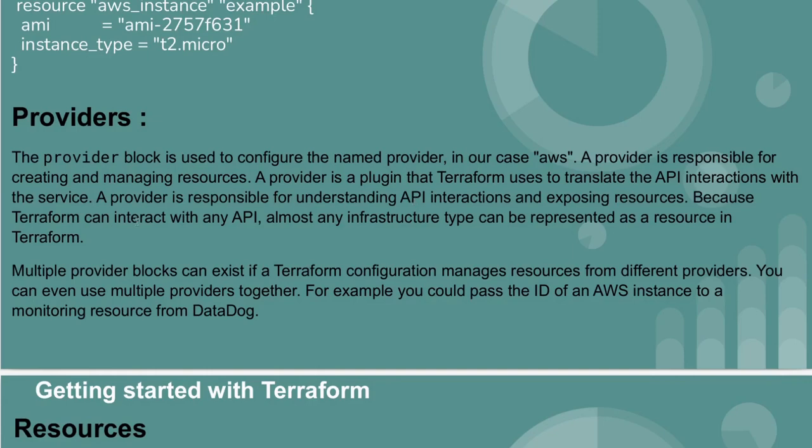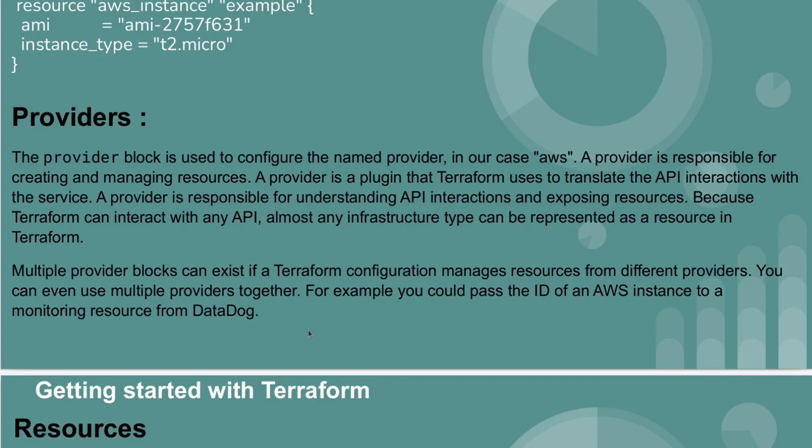Because Terraform can interact with any API, almost any infrastructure type can be represented as a resource in Terraform. Multiple provider blocks can exist if a Terraform configuration manages resources from different providers. You can even use multiple providers together. For example, you can pass the ID of an AWS instance to a monitoring resource from Datadog.